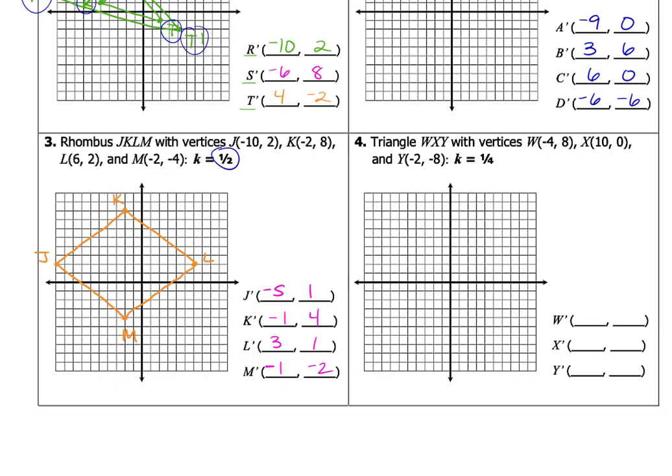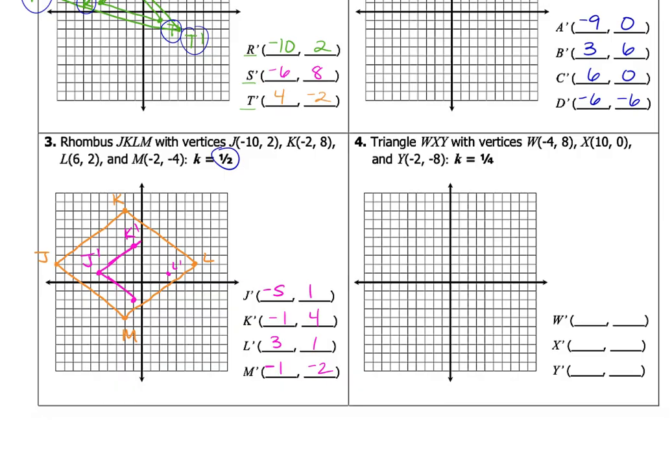So negative 5, 1 is J prime. K prime is negative 1, 4. L prime is 3, 1. And M prime is negative 1, negative 2.